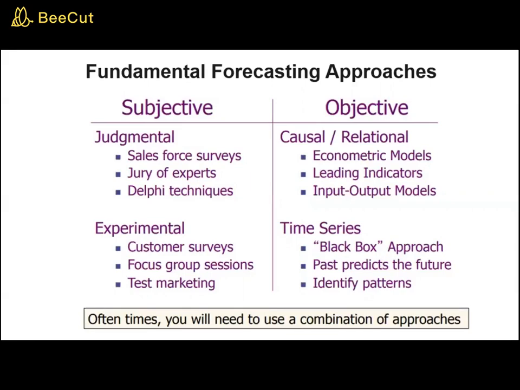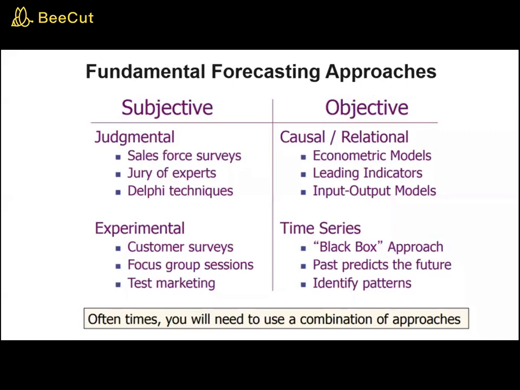Finally, another objective method for forecasting is the time series method. Here, the whole idea is that the past predicts the future. You look at various trends, and based on those trends of the past, you predict the future.